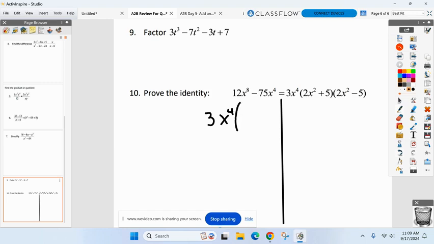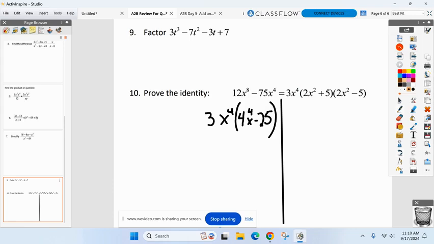Divide everything by 3 and x to the 4th. 12 over 3 gives you a 4. x to the 4th minus 25. And stop me if you don't know where these numbers are coming from. 75 over 3 is 25, and that's it, right? Because I took the x to the 4th out.